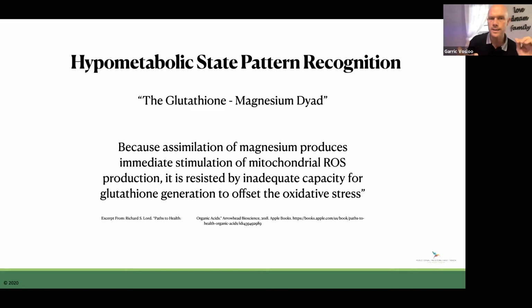The reason is that the assimilation of magnesium produces immediate stimulation of mitochondrial reactive oxygen species, and that happens in the electron transport chain. Therefore, magnesium is resisted to offset the oxidative stress produced by the Krebs cycle because glutathione is inadequate. So we'll dig into that. I hope everybody understood that.